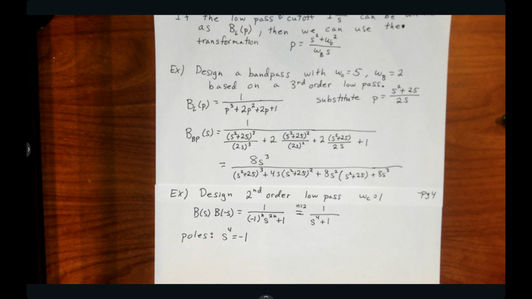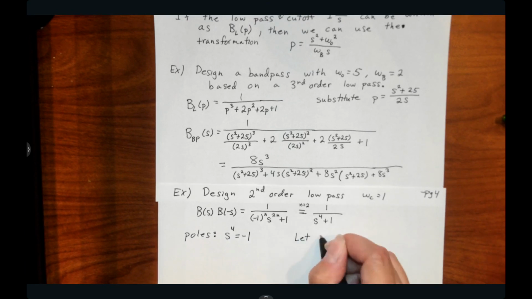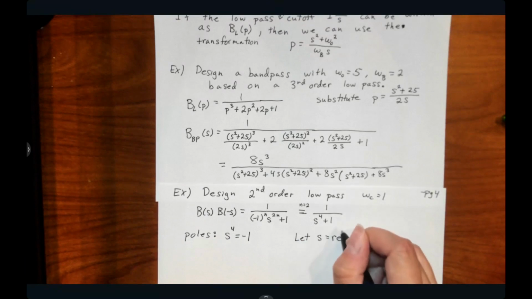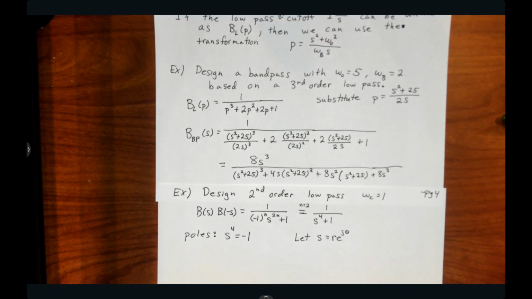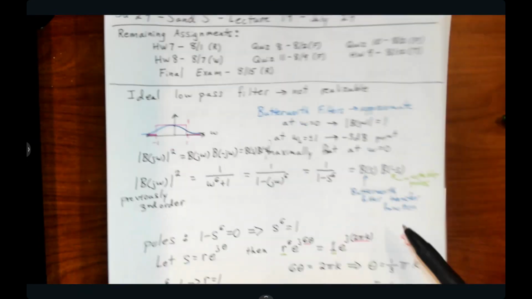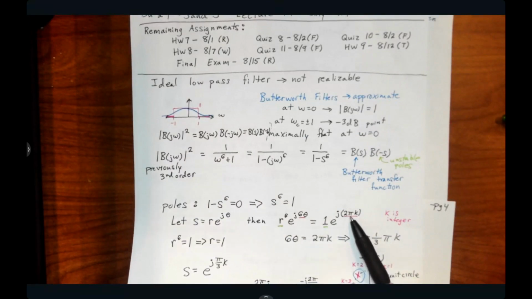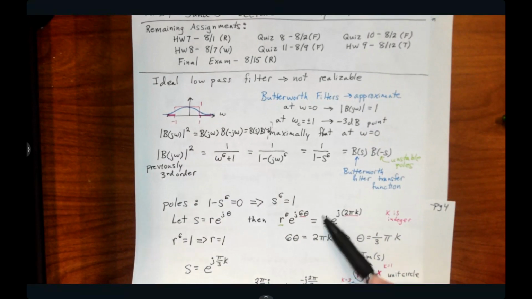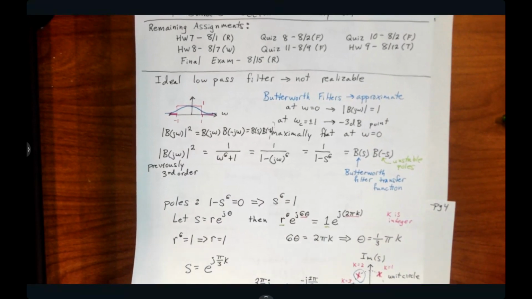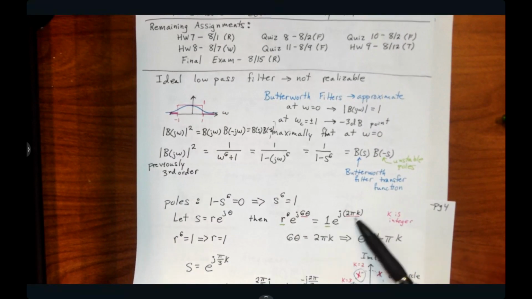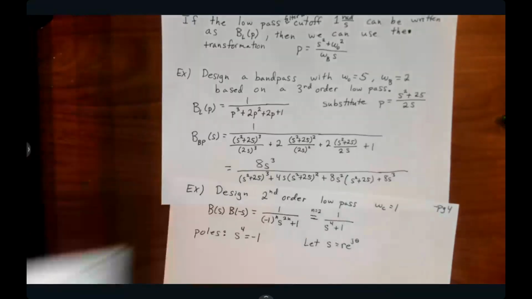So we're going to let s be written in polar form. That part doesn't change. Previously, when we had 1, we wrote that 1 in the form of 1 e to the j 2 pi k. But now we have a negative 1. Our magnitude, when we're writing in polar form, is always going to be positive, so to capture that minus sign, we need to do that in the exponential part.